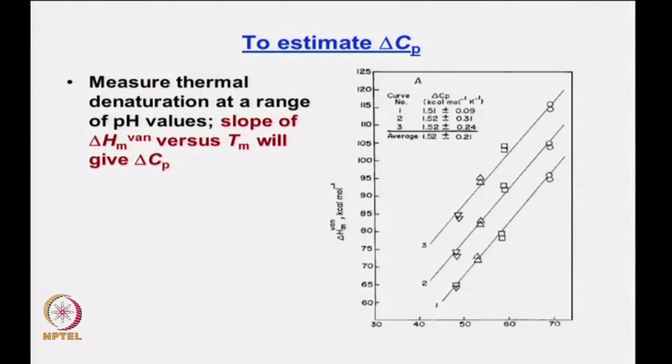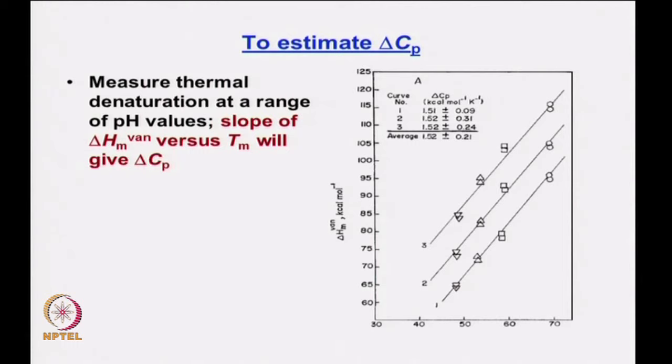See what will happen when you change pH: your protein stability is dependent upon pH, and Tm is the midpoint of your denaturation transition. So that Tm will also depend upon pH, because now you are changing the stability of the protein. So you do thermal transitions at different pH values, say one at pH 4, one at pH 6, one at pH 8, one at pH 9, whatever.